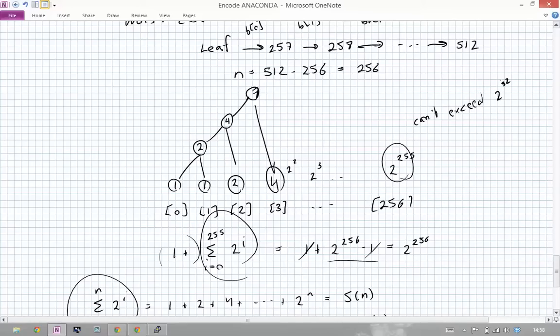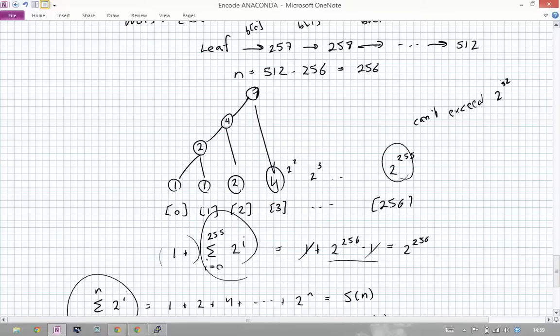There's even another limitation, because ultimately all of those frequencies get added up, and what's the weight of the root node? The sum of frequencies, the number of characters. So even a particular character can't go that high. We're limited by the weight of the root node, which is 2 to the 32.